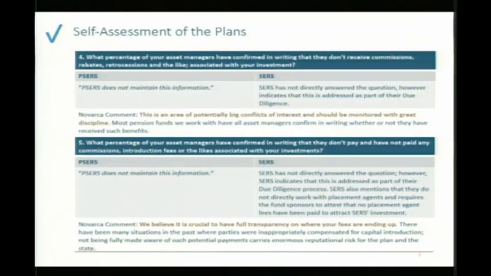So we have asked both plans what percentage of their asset managers have confirmed in writing that they don't receive commissions or rebates or retrocessions or any other incentives associated with their investments. And PSERS has said that they do not maintain this information. SURS has said that it's part of their regular due diligence process.